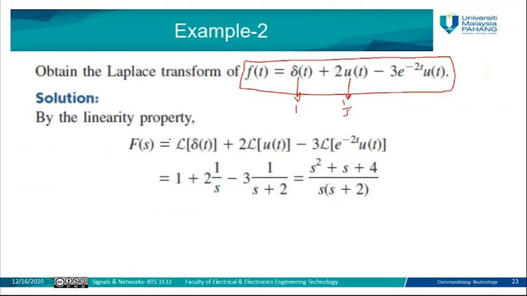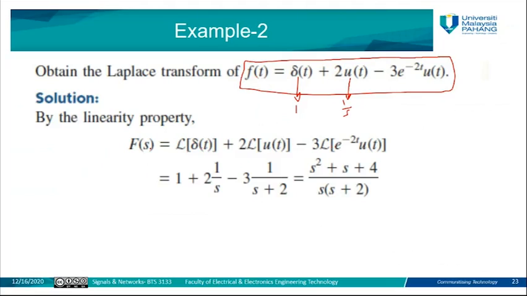So the first way is just to apply the linearity property. Linearity means that if in the time domain the functions are added or subtracted, you can apply the same in the frequency domain. This function consists of multiple parts, so you just keep it in multiple parts in the frequency domain.